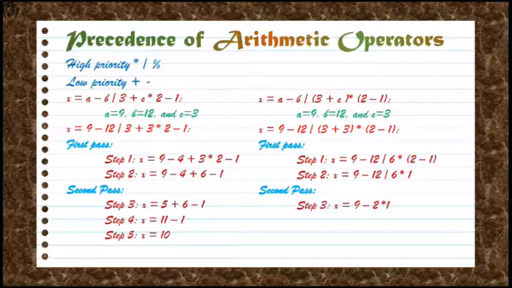Next, again solve the multiplication operation, that is 2 into 1. So 2 into 1 is 2. So in step 4, the statement will be 9 minus 2.